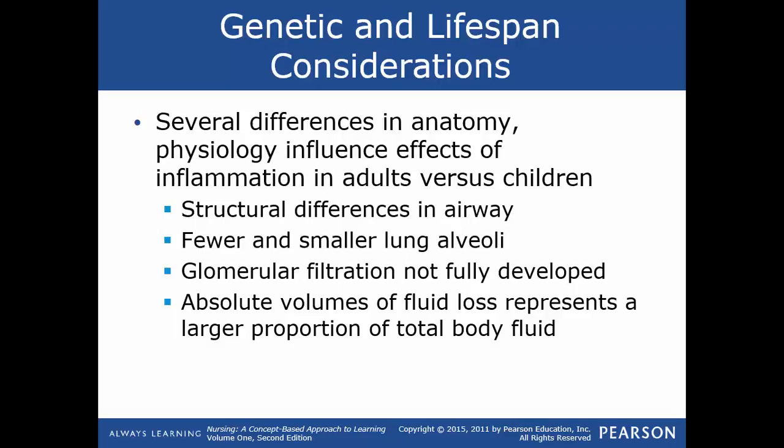And because of their small size, absolute volumes of fluid loss represent a larger proportion of total body fluid, because kids' bodies are made up of a much higher concentration of water than adults, so they're a lot more sensitive to these changes in fluid loss.